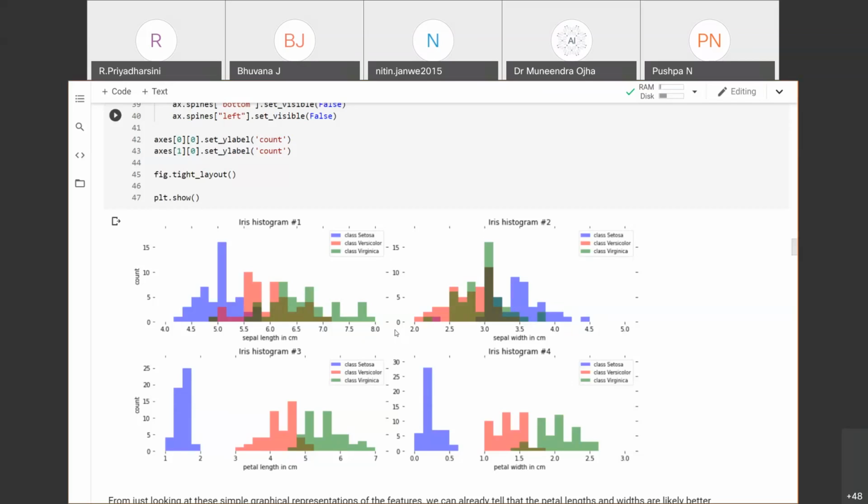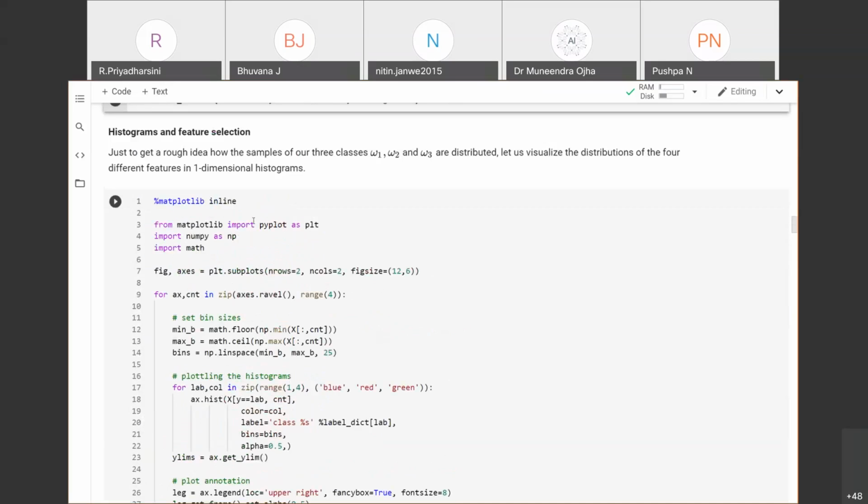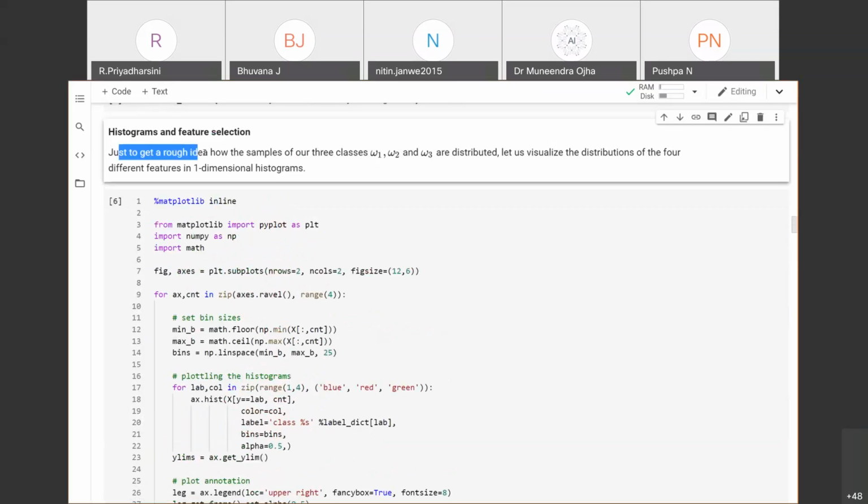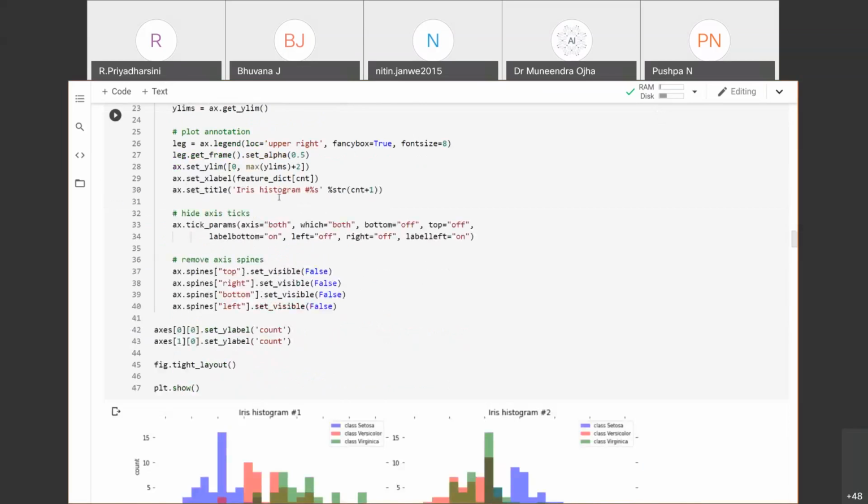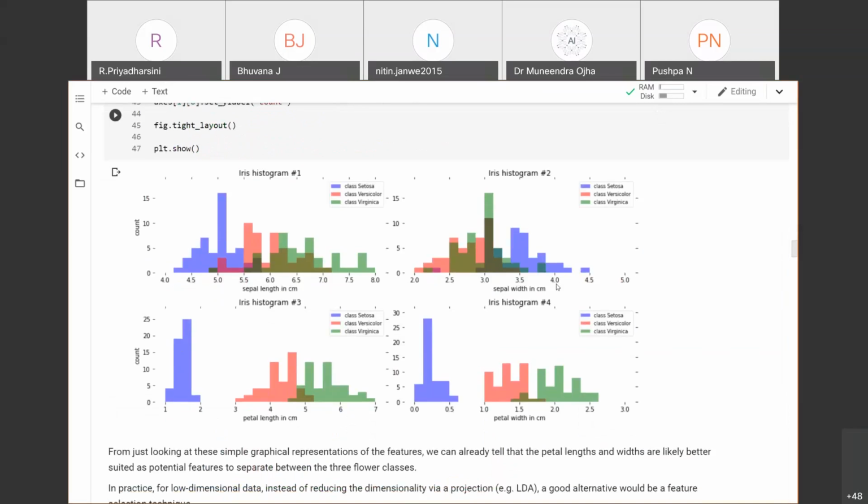So in this example, with this visualization, I have just got a rough idea how the samples of our three classes are distributed. We visualize the distribution of four different features in one-dimensional histograms. So individually, all the four features are plotted over here.